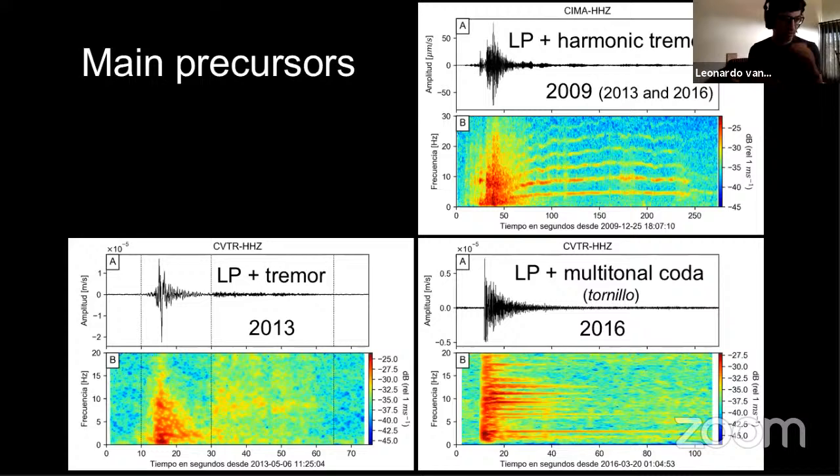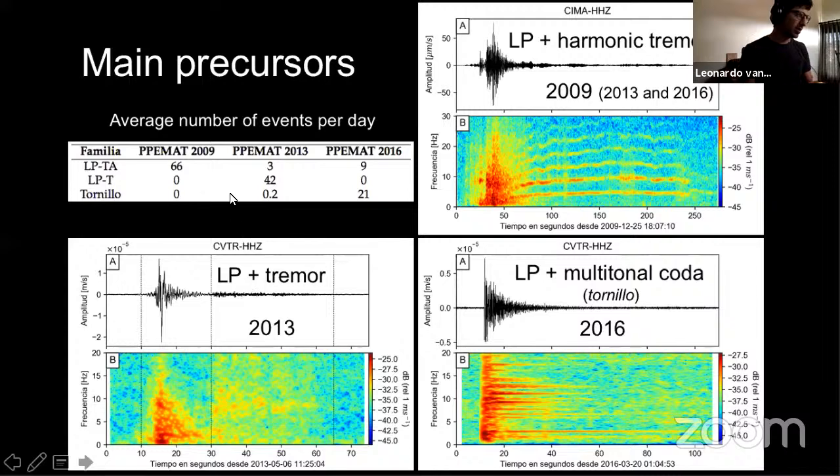It is not harmonic because the different frequency peaks are not regularly spaced. So this is the average number of events per day of these three families of events in each one of these stages.